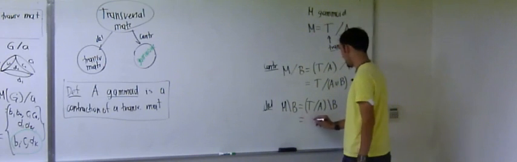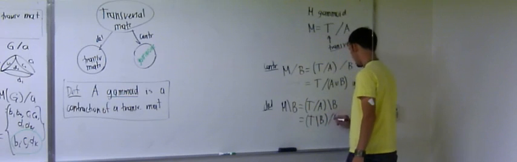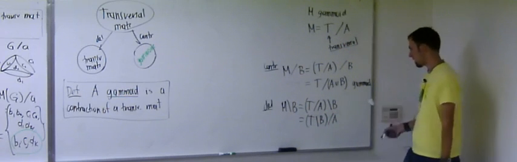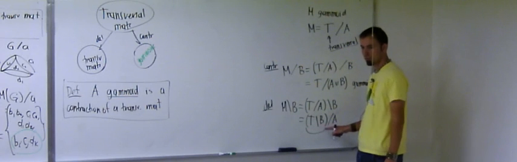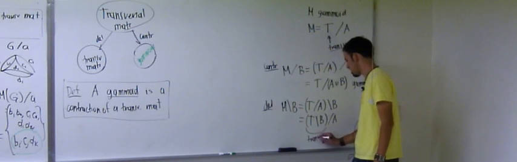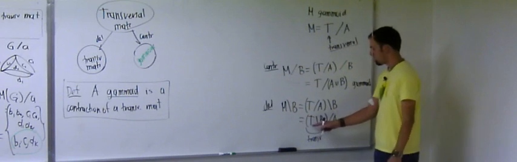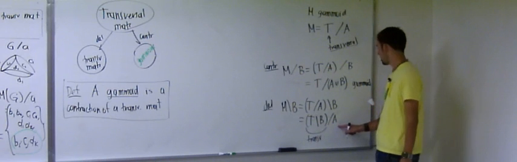So I can write this as T delete B contract A. And now here I have a transversal matroid and I deleted something. But we know that deletions of transversal matroids are transversal matroids. And so what I have here is a transversal matroid contracted by something. So this is a gammoid.